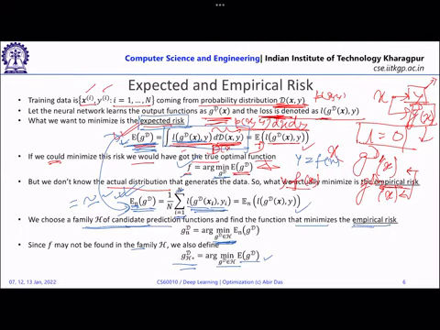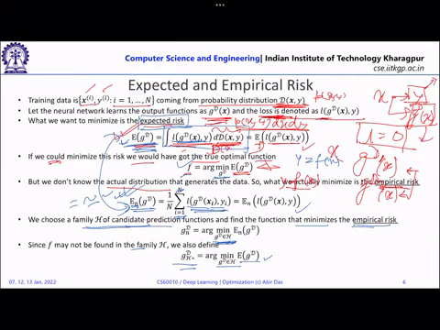Okay, sir. I thought it was with respect to the training data. No. Training data is the sample set from that, right? But sir, we will estimate this using only training data, right? Yeah, that's why these two are different, EGD and ENGD. What we are estimating depending on the training data, that risk I am denoting as ENGD.